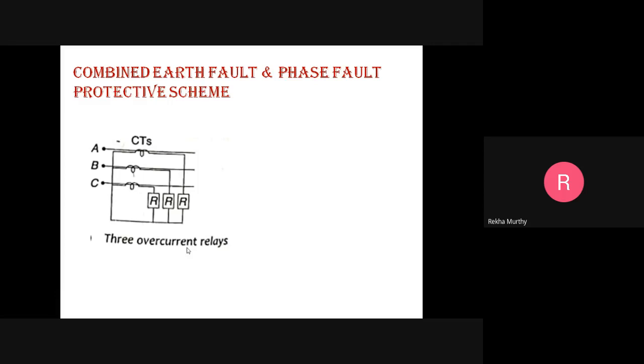There is no separate scheme for earth fault protection. If there is no separate scheme for earth fault protection, then the overcurrent relay used in this scheme will also sense the earth fault, but it will be much less sensitive. So this is the phase fault protective scheme.